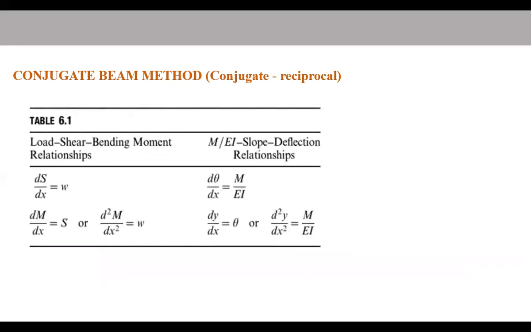Now let's look at this. You are familiar with these equations. The first derivative of the shear force is equal to the load acting on it. The first derivative of the bending moment is equal to the shear force. So the second derivative of the bending moment is equal to the load.